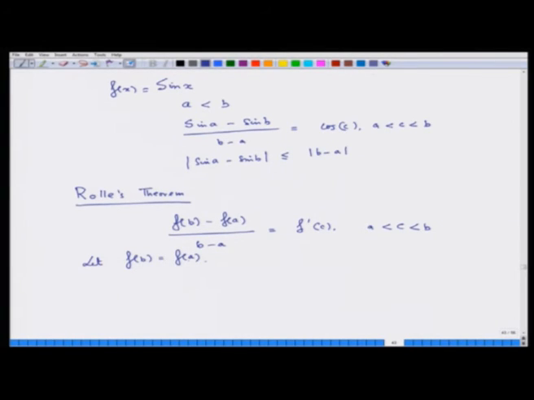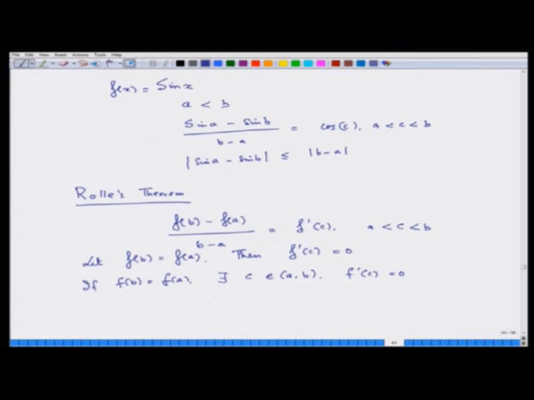If you assume that f(b) is equal to f(a), then you are showing that f dash c is equal to 0. That is, there exists c in the open interval a to b such that f dash c is equal to 0, which means I can find a critical point of the function lying strictly between a and b.